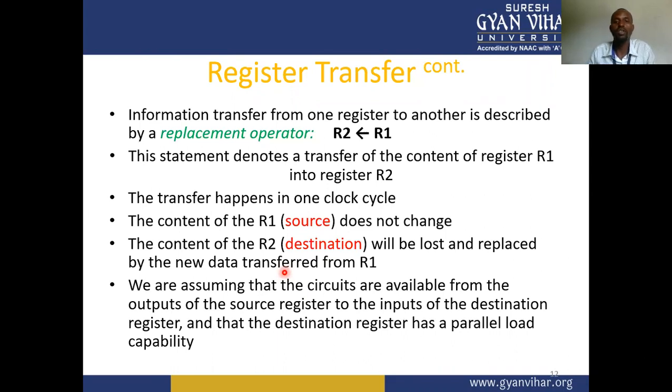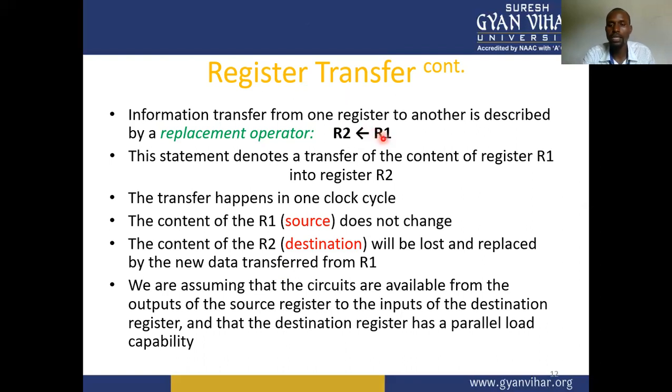Now let us come to register transfer. Whenever we are performing a register transfer, we are transferring information from one register to another. When we do that, we use something known as a replacement operator. This arrow is what is known as a replacement operator.